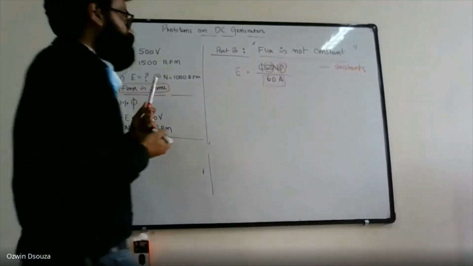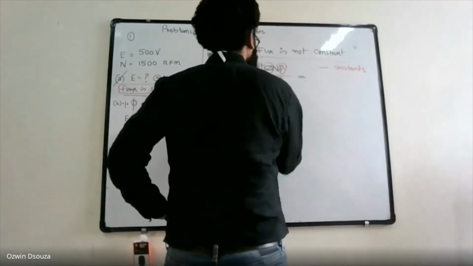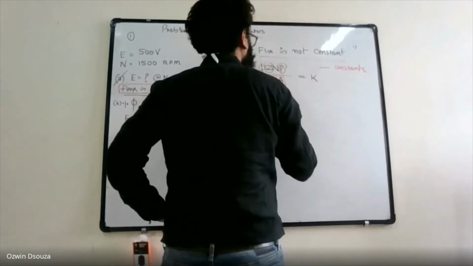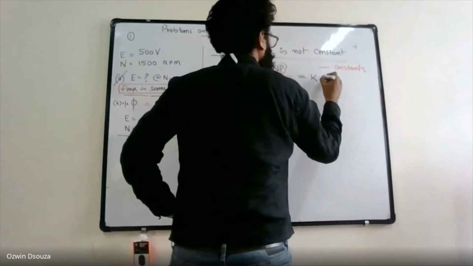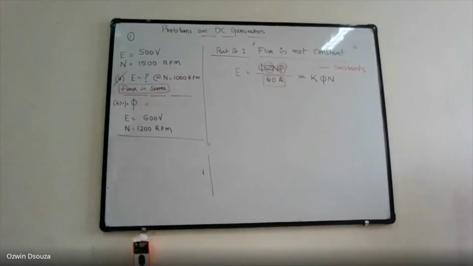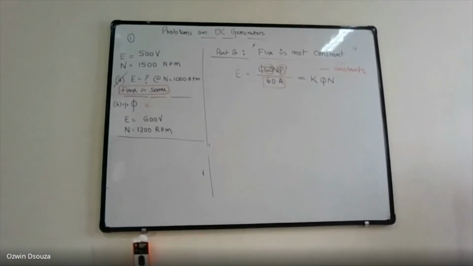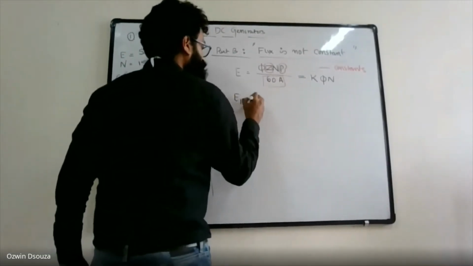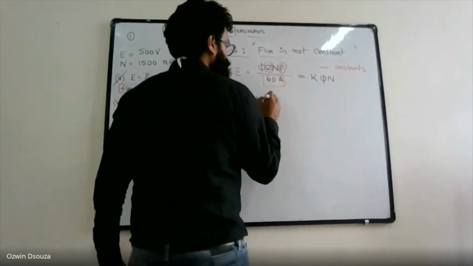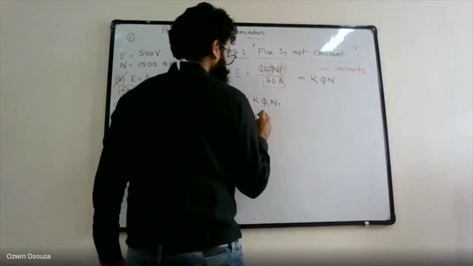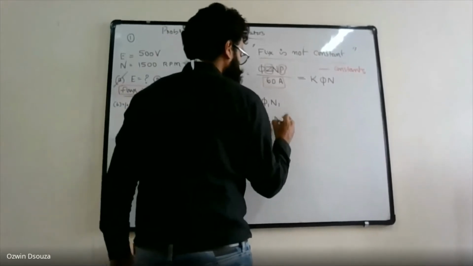So, due to which, what you get now, you get E is equal to, okay, some K into phi into N. So, your EMF, E is basically K into phi into N. All right. So, therefore, you can write E1 is equal to K into phi 1 into N1, and E2 is equal to K into phi 2 into N2.